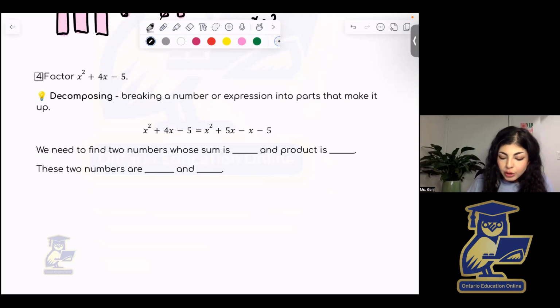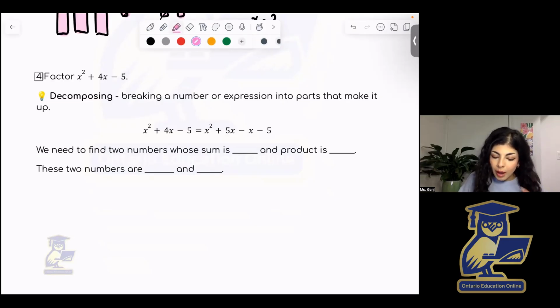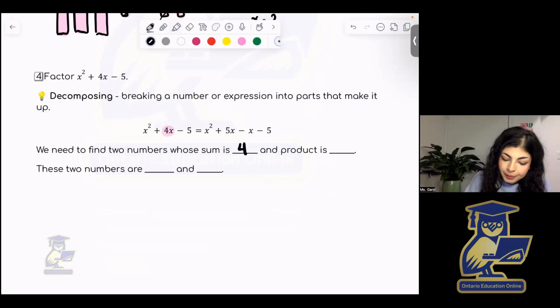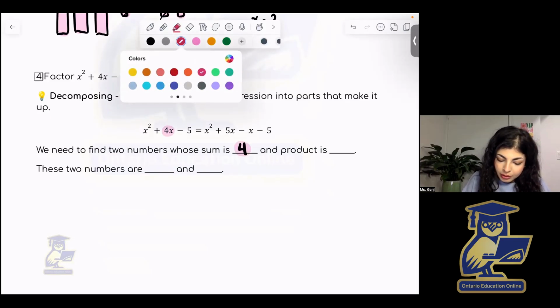So we want to find two numbers whose sum is going to be 4 and whose product is going to be -5. I will use colors to help out here.